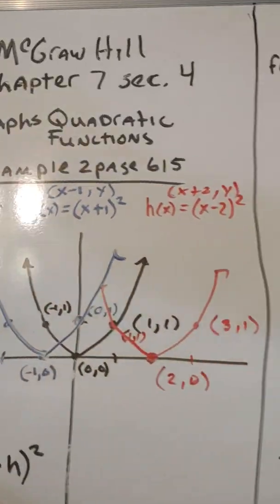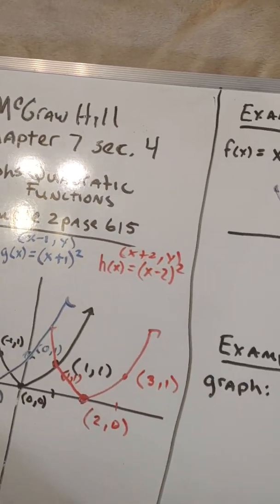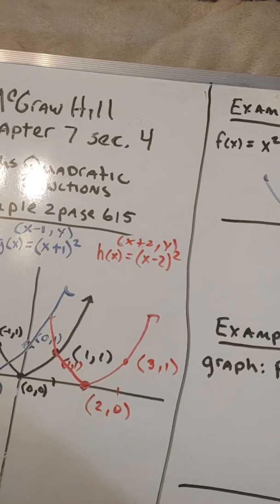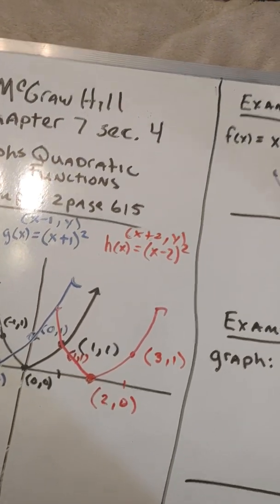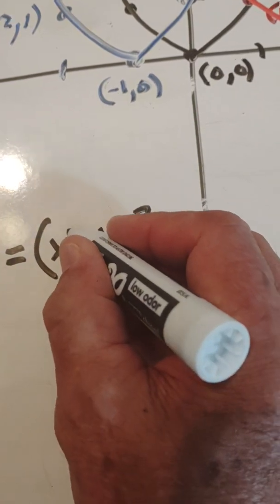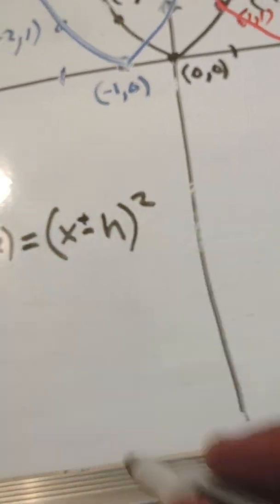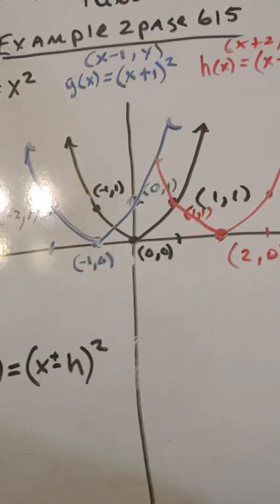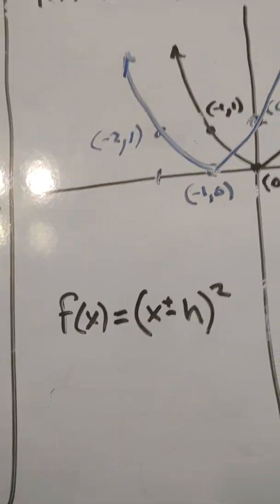The next transformation we have is where we're adding or subtracting directly to the x. So see the difference here.